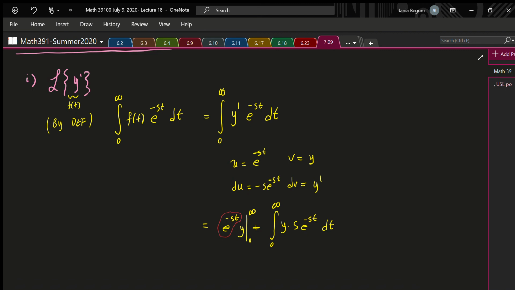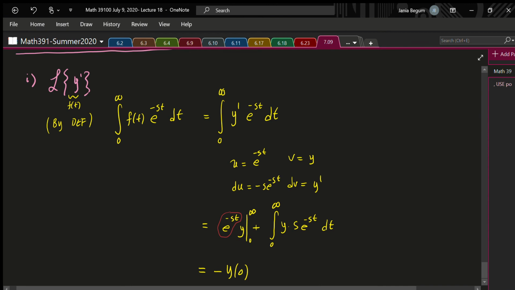As you take the limit of some variable, say a, going to infinity, it goes to 0 as long as s is positive. So that goes to 0. Then we have minus the bottom limit, minus e to the 0, that's 1, and then y evaluated at 0. So that's how we can plug that in.